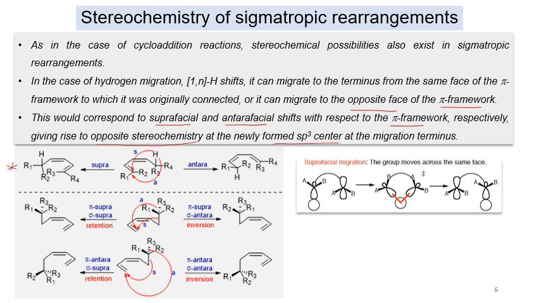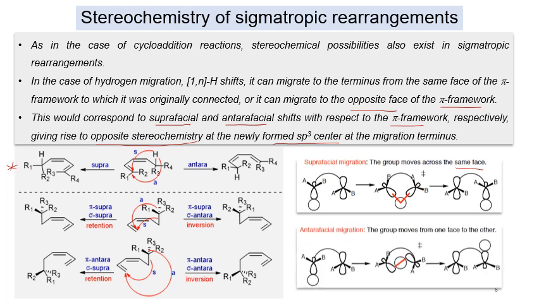Something like this. The group is moving across the same face. And in the antarafacial migration, the group is moving from one face to the other. This was about the H migration.